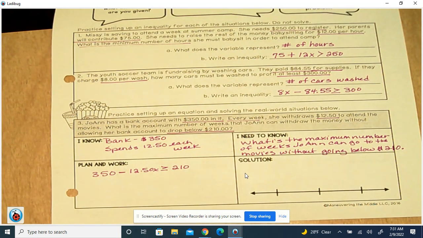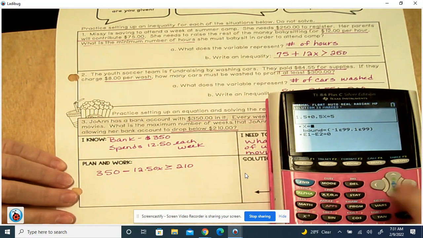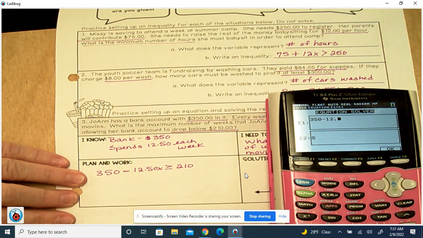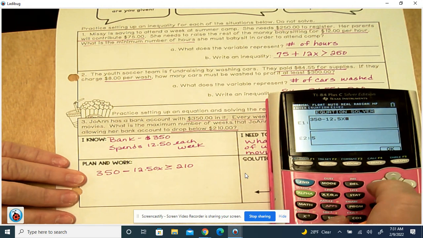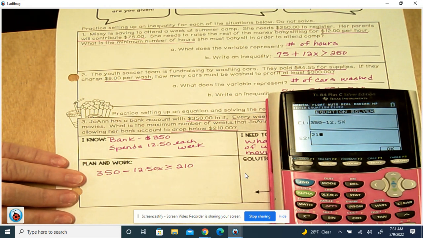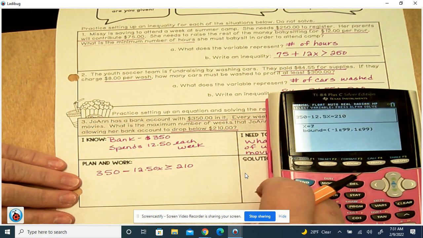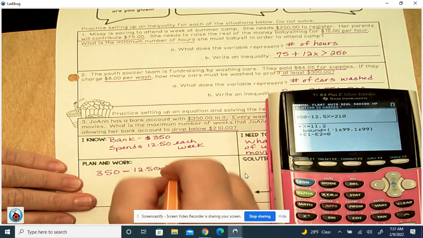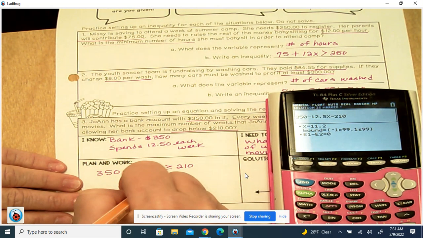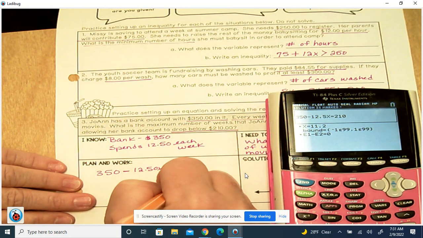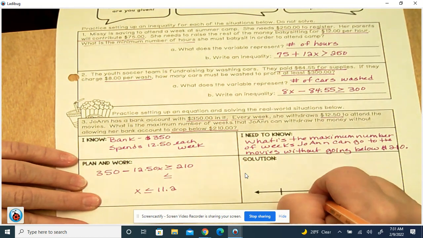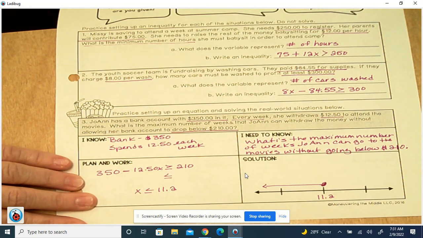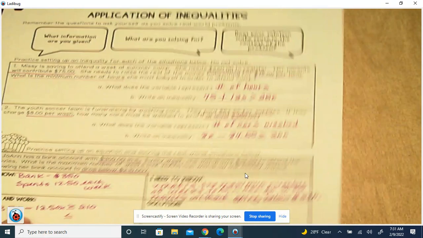Okay, so if we put this in the calculator, we have 350 minus 12.50x, and down here I'm putting 210, alpha, enter, and I get 11.2. We divided by a negative, so we've got to switch that. So x is less than or equal to 11.2. Come over here, 11.2, closed circle, shaded to the left.